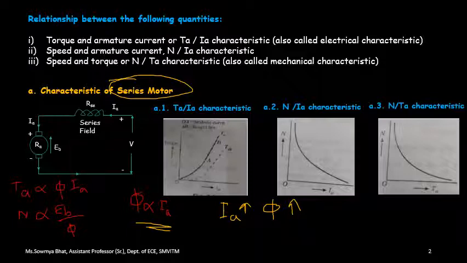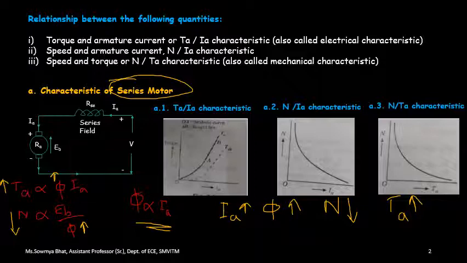If the flux increases, the speed will decrease. If the flux increases, armature torque will increase. Armature torque is going to increase.